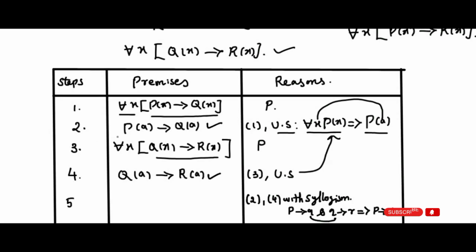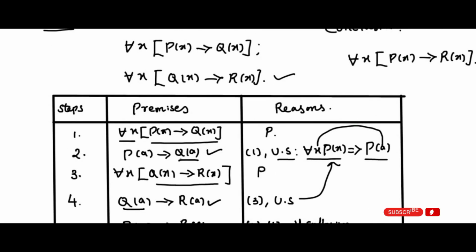Here we see p of a then q of a, and q of a then r of a. So we can write p of a then r of a only. The right-hand side term of the first and the left-hand side variable of the second are equal, so we write the first and the last one, that is p then r. Here also q of a is the same, so we can write p of a then r of a.